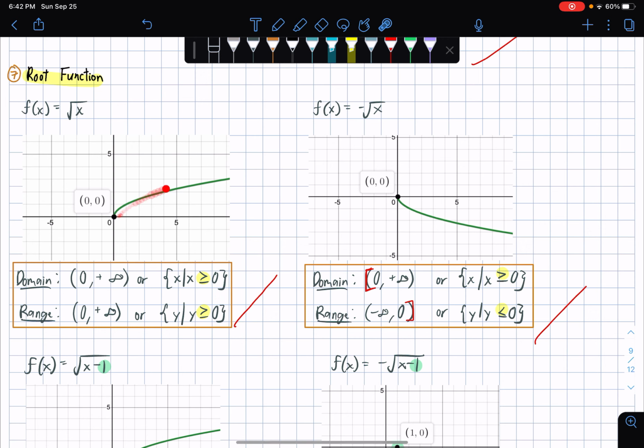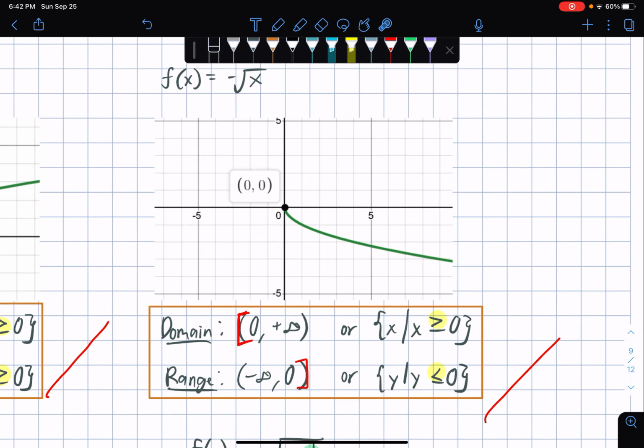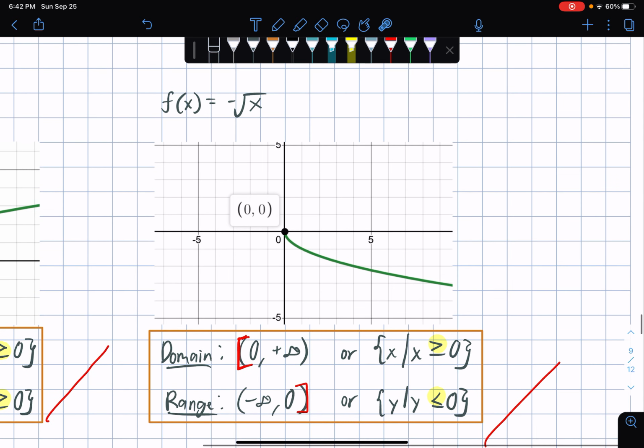So here it's x is greater than or equal to 0, y is greater than or equal to 0. For here, negative square root of x, since the function is negative, the range will be less than or equal to. So the domain will still have the same usual symbol, but the range will not. That's a specific detail that you have to take note of.